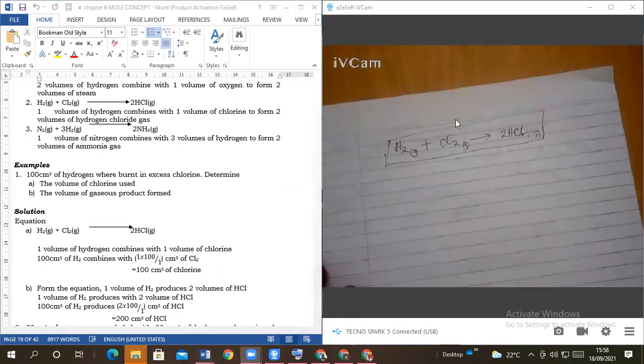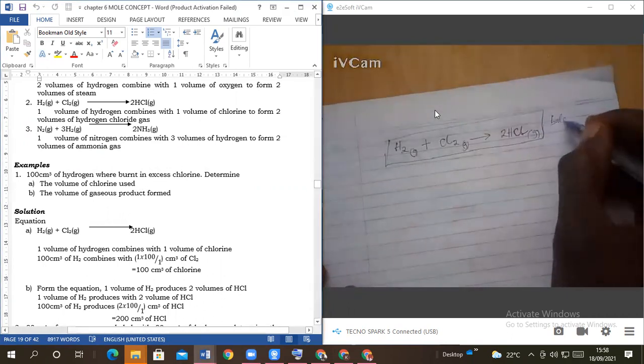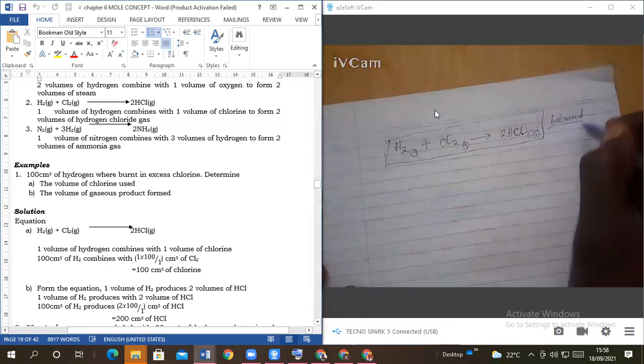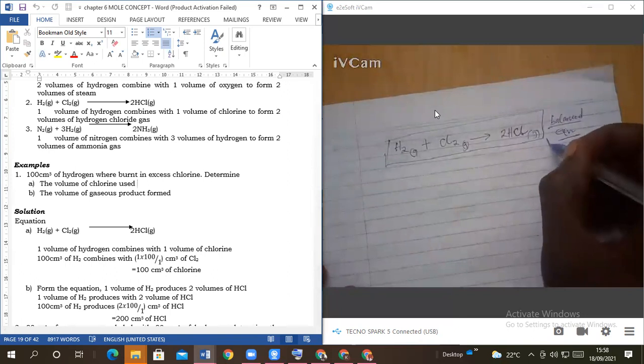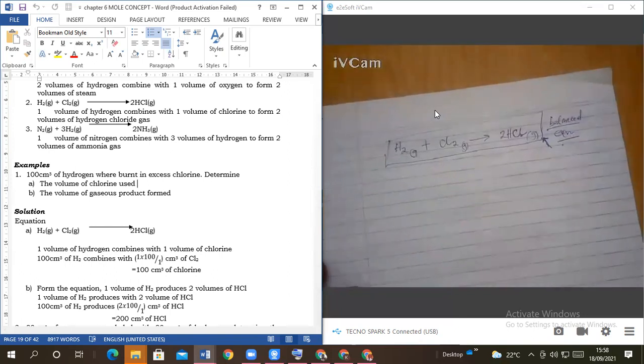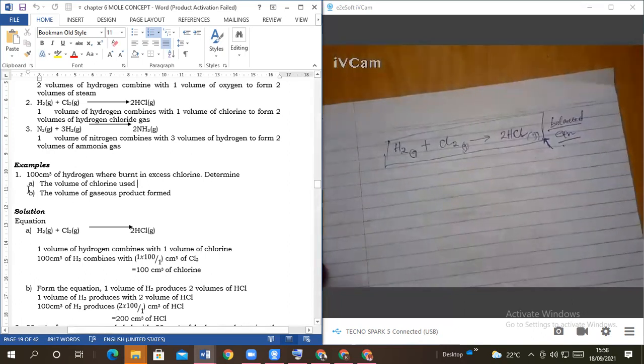If you cannot come up with a well-balanced equation, then this concept of Gay-Lussac's law will always give you a hard time. So they are saying 100 of hydrogen were burnt in excess chlorine. Determine the volume of chlorine used. This one is just very easy.